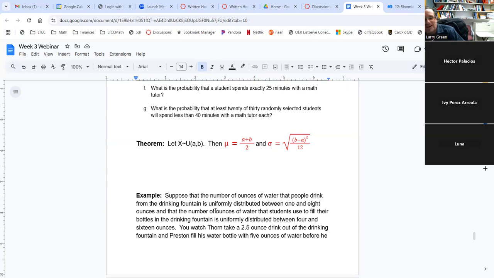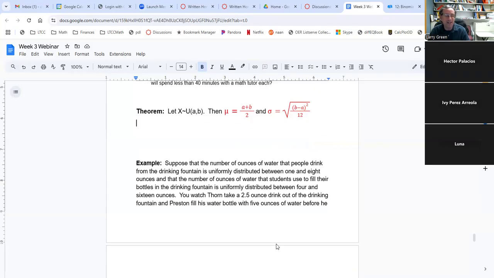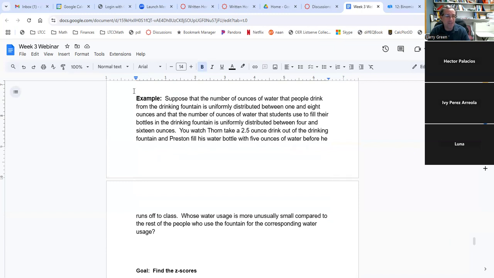And the number of ounces that students use to fill their water bottle in the drinking fountain is uniformly distributed between 4 and 16 ounces. You watch Thorne take a 2.5 ounce drink out of a drinking fountain, and Preston fill his water bottle with 5 ounces of water before he runs off to class.